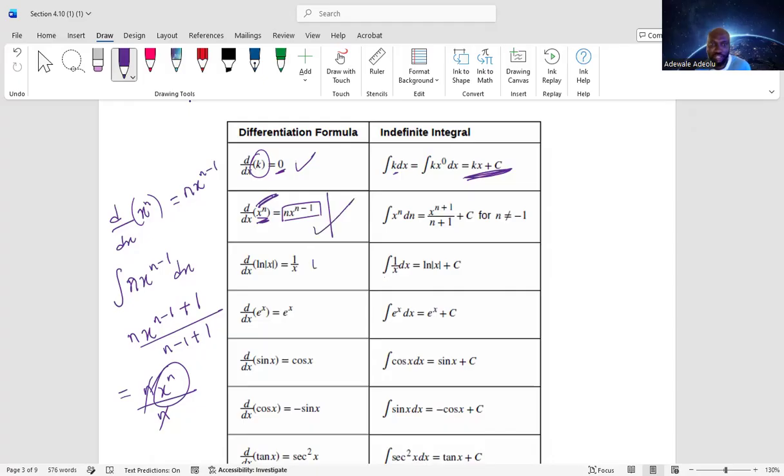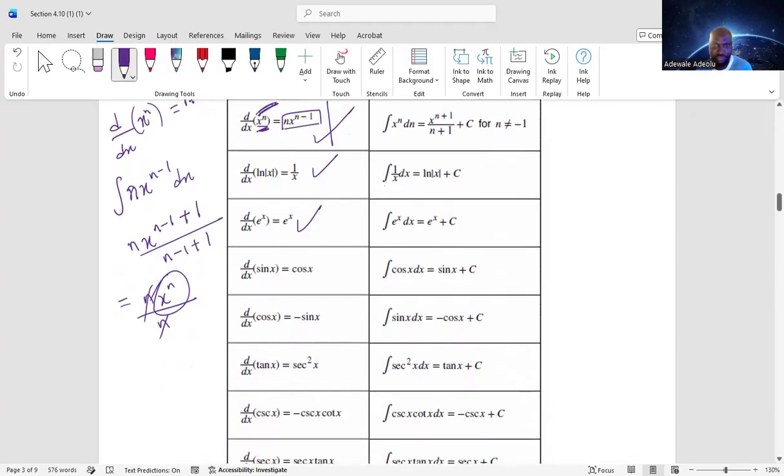Okay, the same thing with here. I've explained this the other time, and so on. So I'm saying if I take the integral of cosine of x, it is sine of x. Now, if I take the integral of negative sine of x, that is what gives me cosine of x, and so on and so forth.